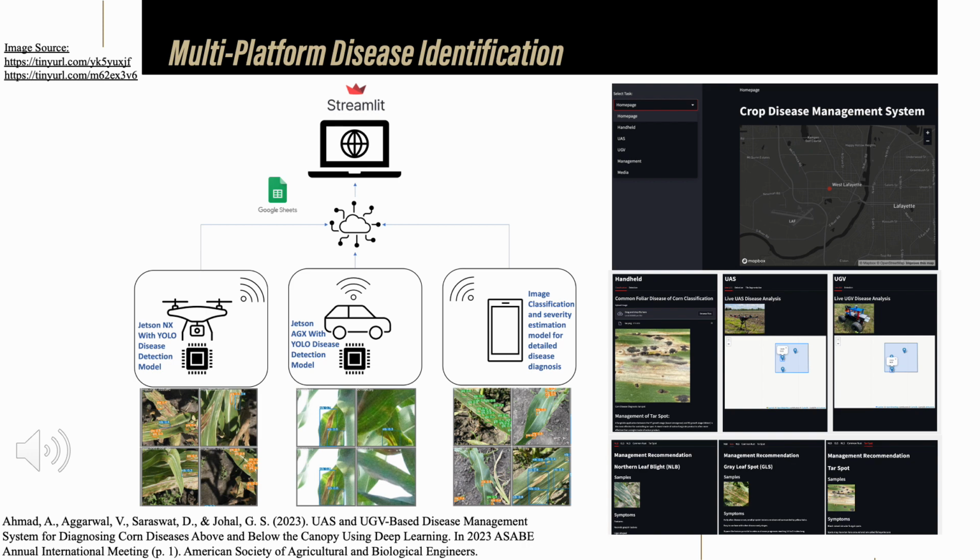A data pipeline was then developed to enable information retrieval from the unmanned aircraft system or drone, the unmanned ground vehicle or UGV, and handheld platforms so that a user is able to perform above and below the canopy corn disease diagnosis.